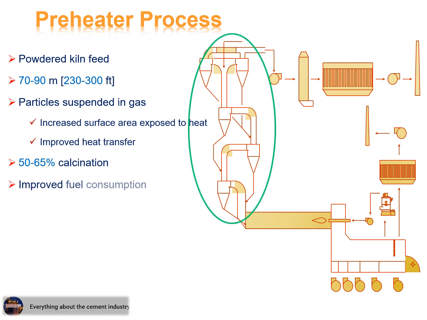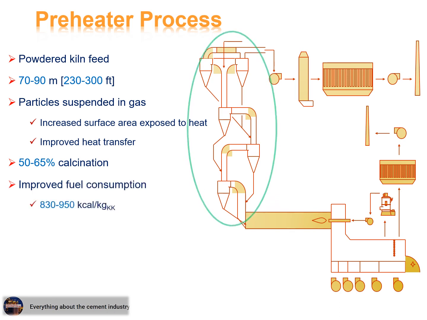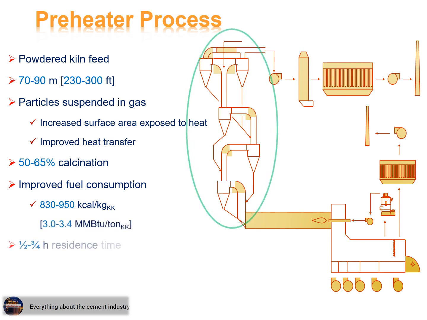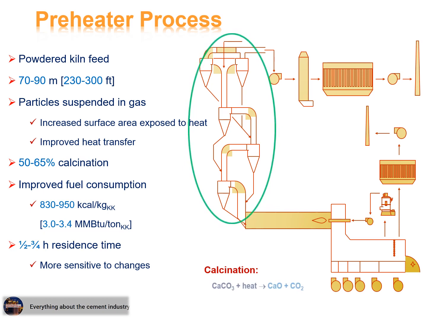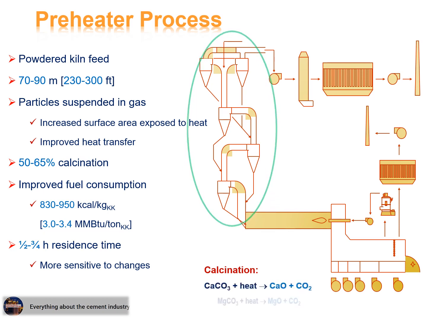Improved fuel consumption: 830 to 950 kilocalories per kilogram. Half to three-quarters of an hour residence time. More sensitive to changes. Calcination: CaCO3 plus heat equals CaO plus CO2. MgCO3 plus heat equals MgO plus CO2.